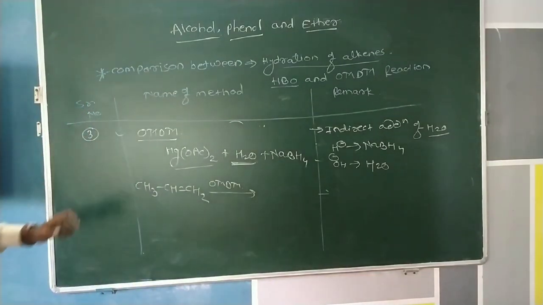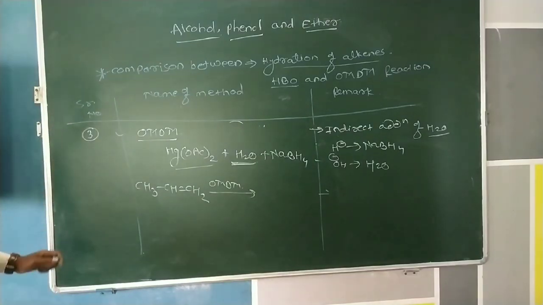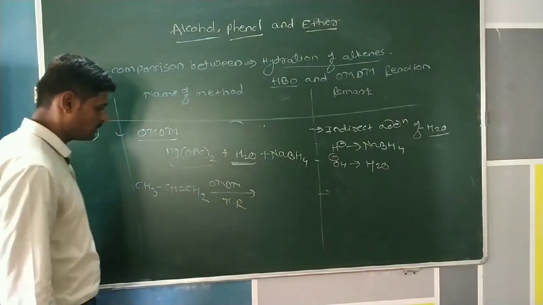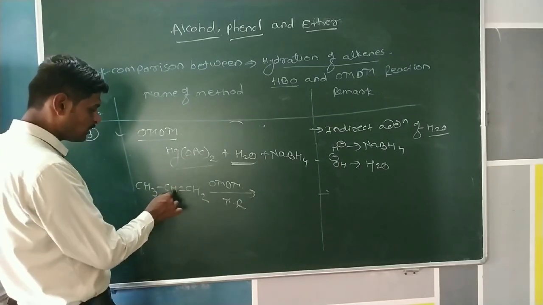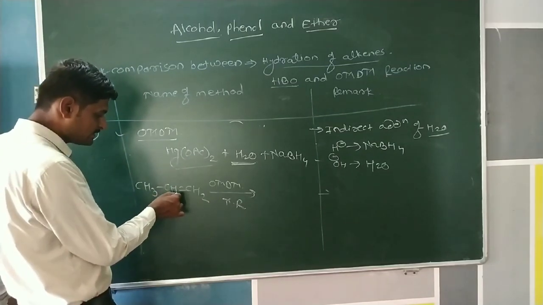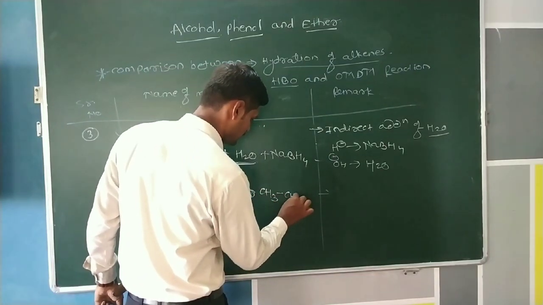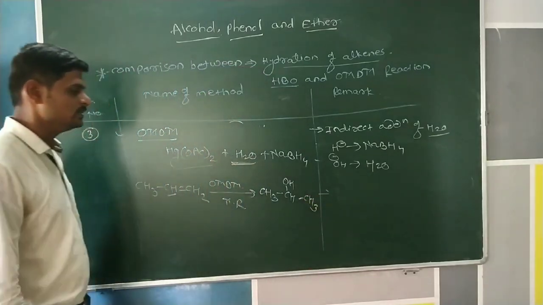In this case, the alcohol is formed according to Markovnikov's rule. That means the hydroxyl group is attached to the double bonded carbon atom which carries fewer hydrogen atoms. Then it forms CH3CHOH, and the CH2 gets converted into CH3.